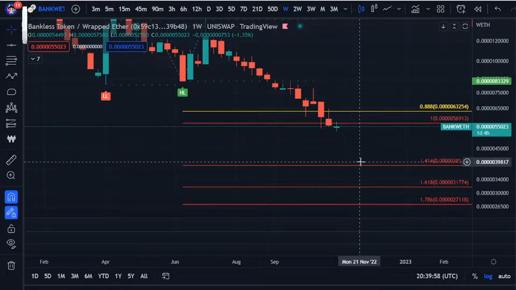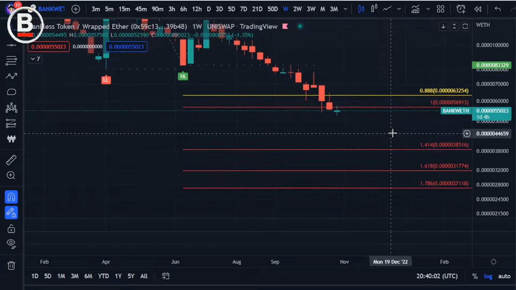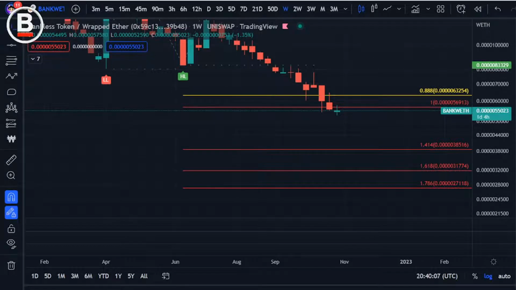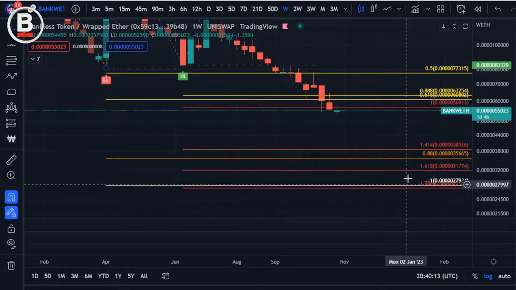And so we're looking for these levels, which are more corrective and line up with the levels of the more macro fib, being the 0.88 to its one-to-one move.